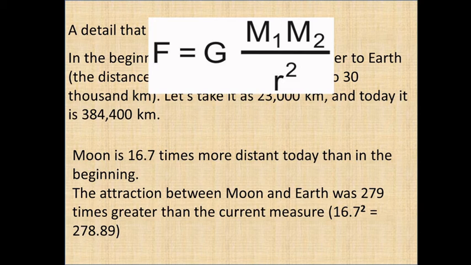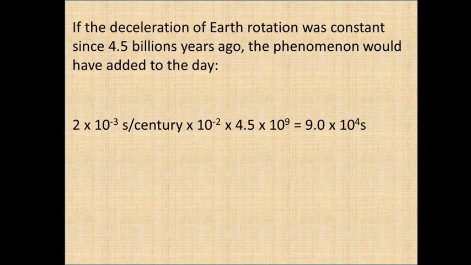But let's forget it for a while. And let's think if the acceleration of Earth's rotation was constant since 4.5 billion years ago, the time when the moon was formed. The phenomenon would have added to the day, if the rate was this one here, 2 times 10 to the power minus 3 seconds per century.